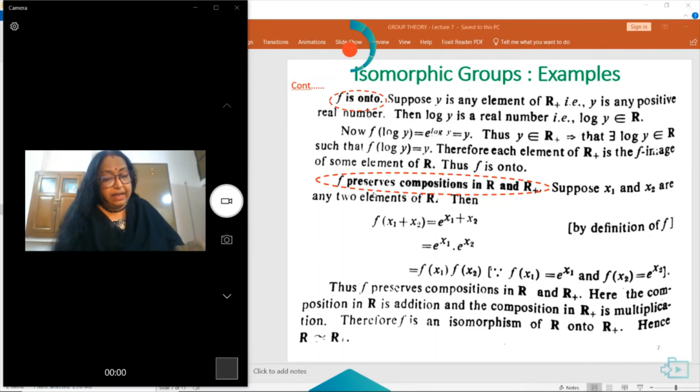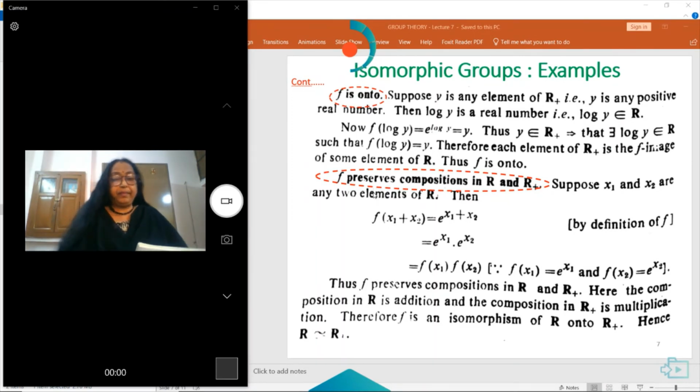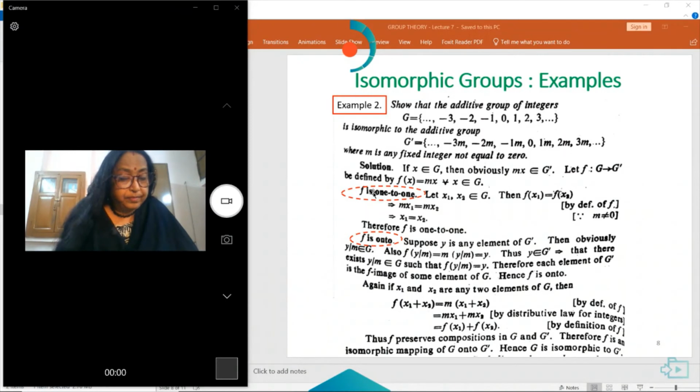Now take another example. Show that the additive group of integers G, as shown on your screen, is isomorphic to the additive group G dash, as shown on your screen, where m is any fixed integer not equal to 0.